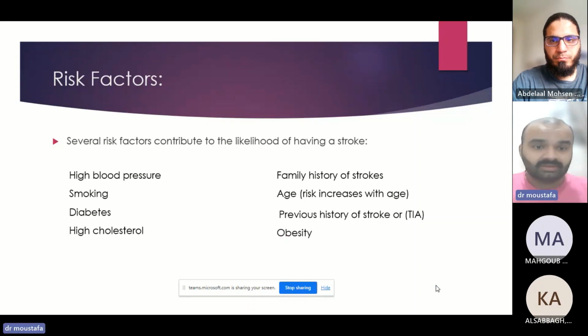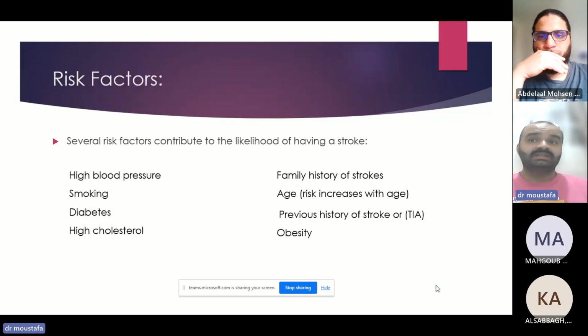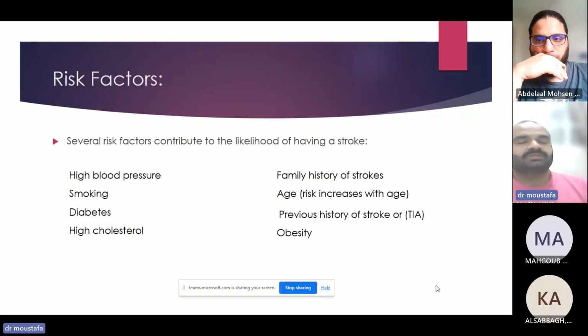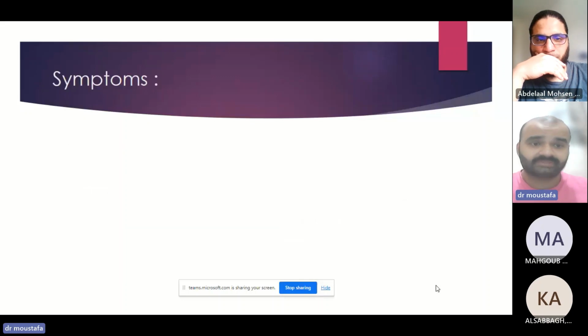As you can see, all of these risk factors are known from history. That's why history taking is so crucial in stroke. Actually, history taking is crucial in diagnosis and management of all medical conditions, but it's so crucial in stroke.